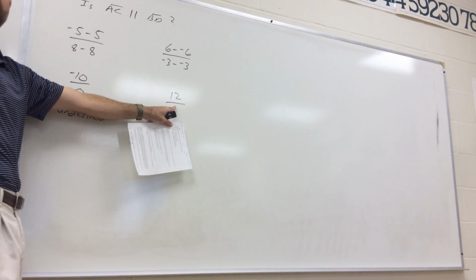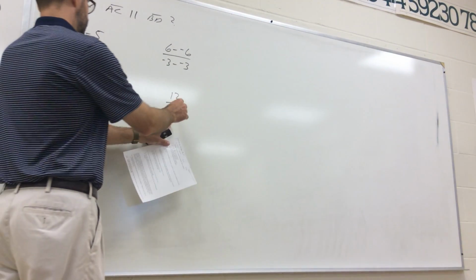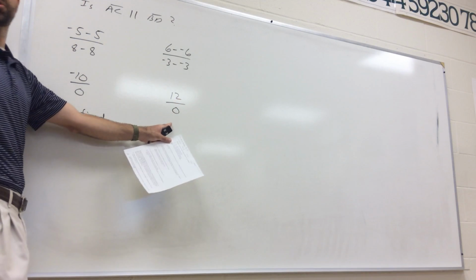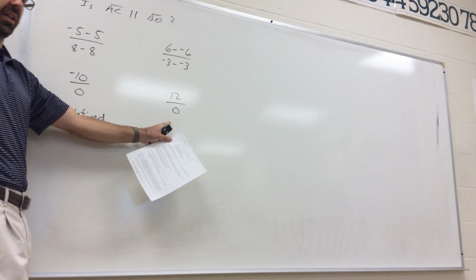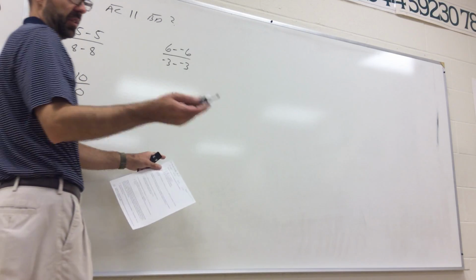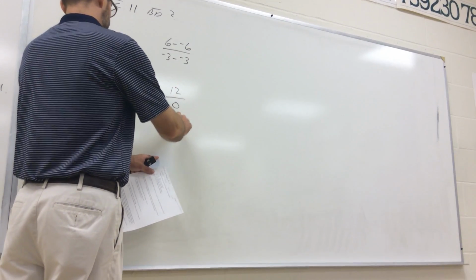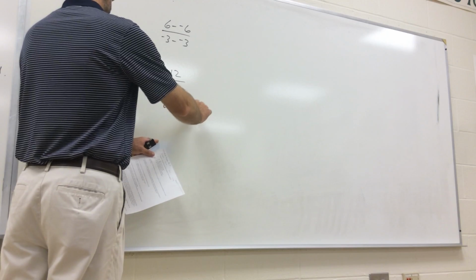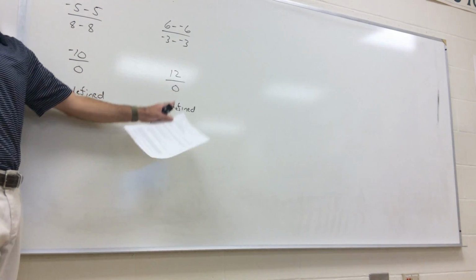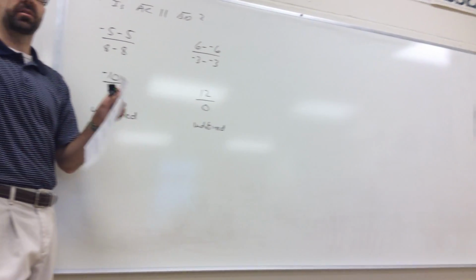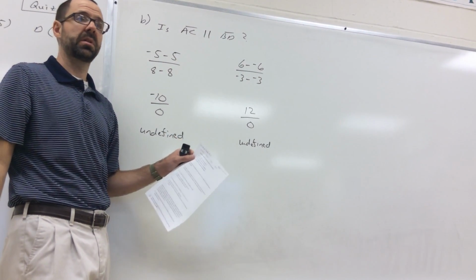Negative 3 minus negative 3 is 0. You're still not allowed to divide by 0. So this answer still doesn't even exist, or is undefined. So that line segment is also straight up and down because it has an undefined slope.